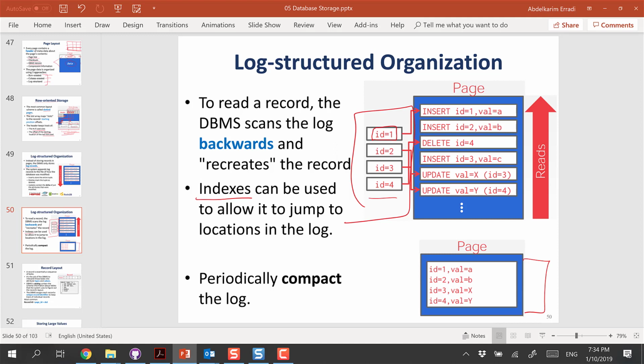Then when I compact, I don't need to keep the previous version. I just keep the latest values. And this way, if somebody comes and asks me, I already have all the values done. So this way, you have a balance. In terms of write, super fast because you are just appending logs.